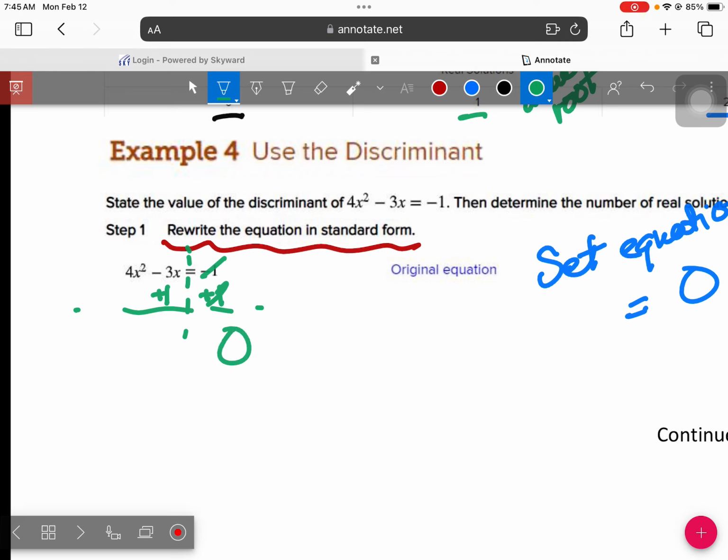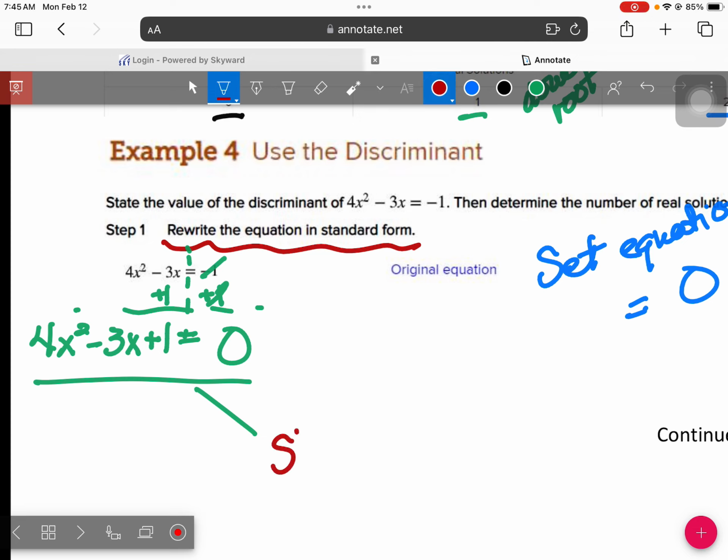That's going to be that 0 I'm looking for. And then keep 4x squared minus 3x plus 1. Now that is in standard form. Okay? All right, 4, minus 3, and 1.